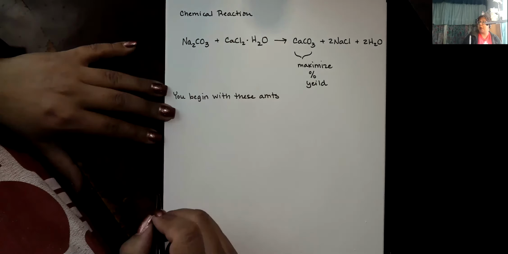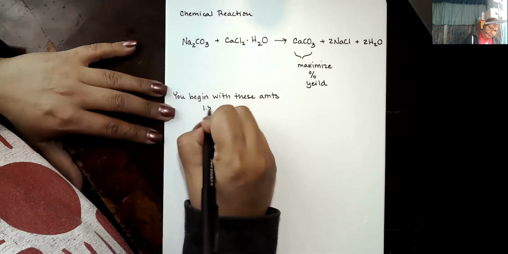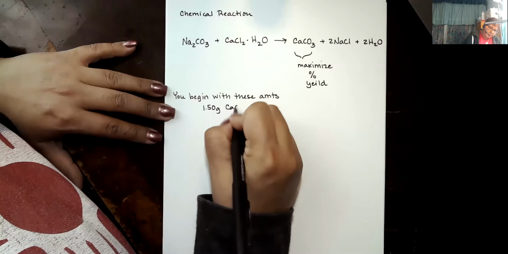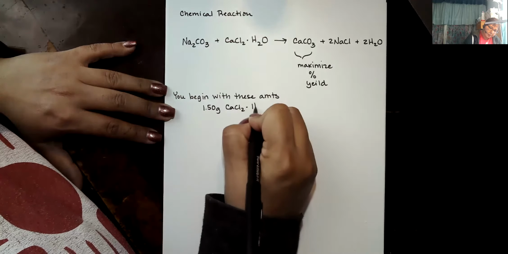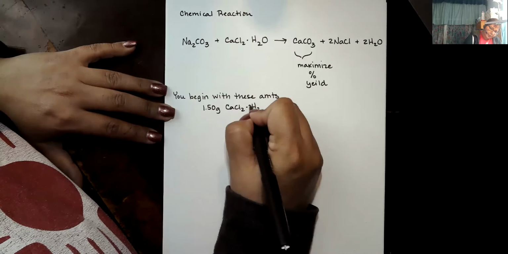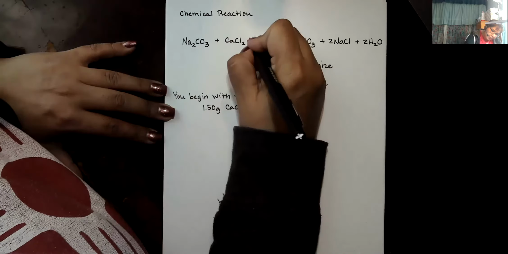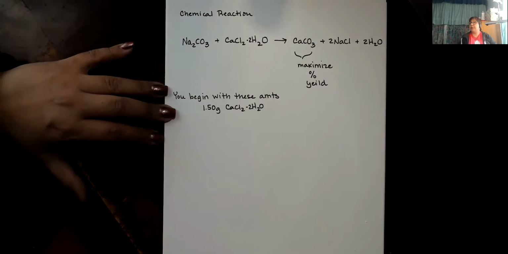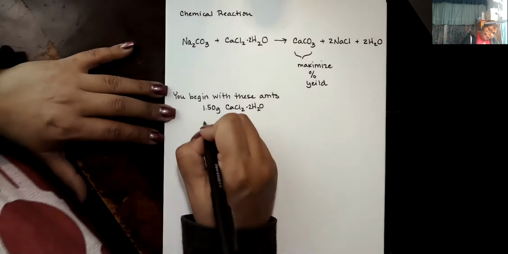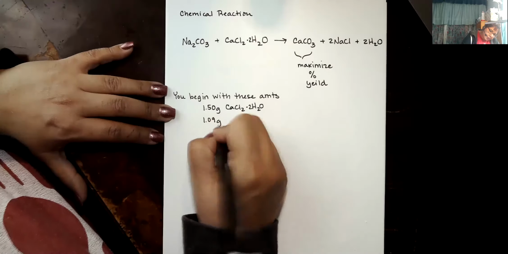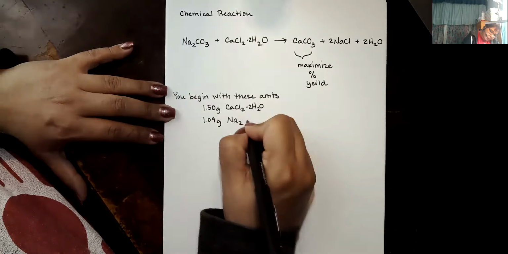So let's say you start out with 1.5 grams of calcium chloride. Oh, this is dihydrate, by the way. I left out a 2 there. Calcium chloride dihydrate. And you start out with 1.09 grams of sodium carbonate.